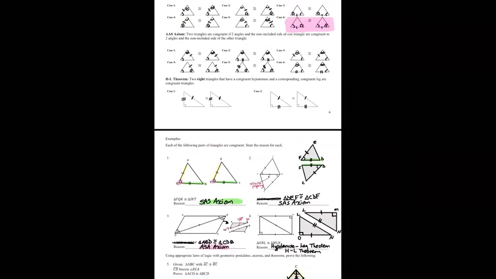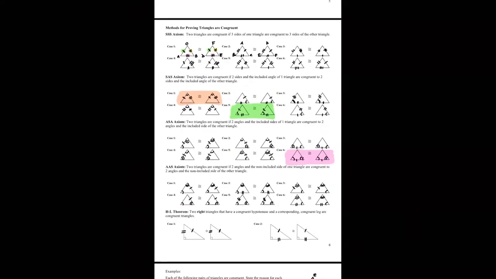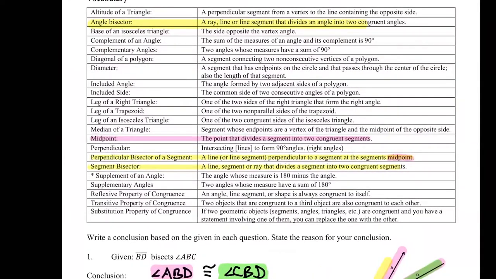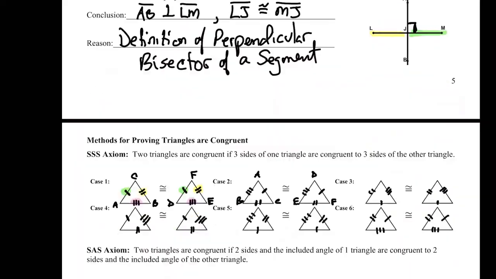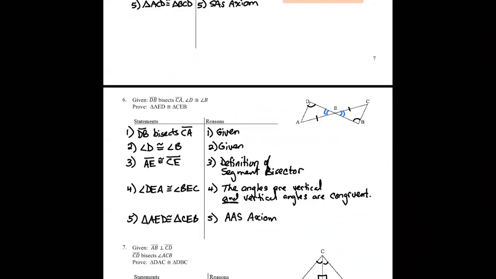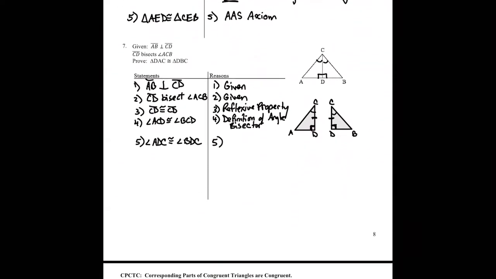But you could also look up in our definitions to see if there's anything helpful, like perpendicular lines intersect to form 90-degree angles. So if we know that they're both 90-degree angles, then they must be congruent. We'll build upon that idea, and we'll have our reason for stating that these two angles are congruent to one another.